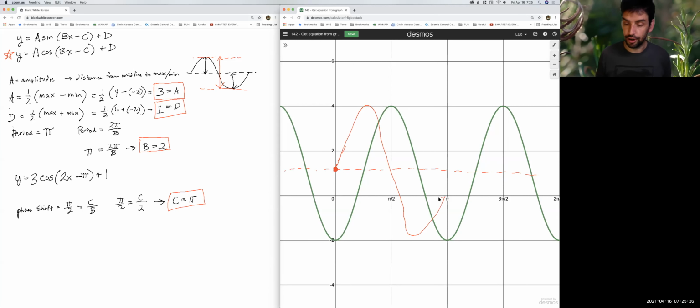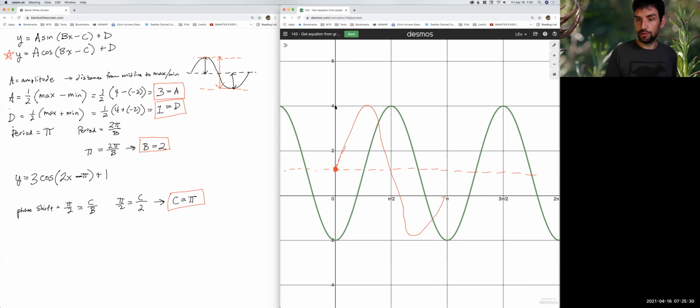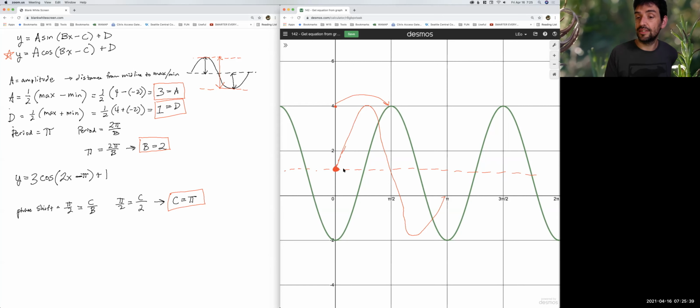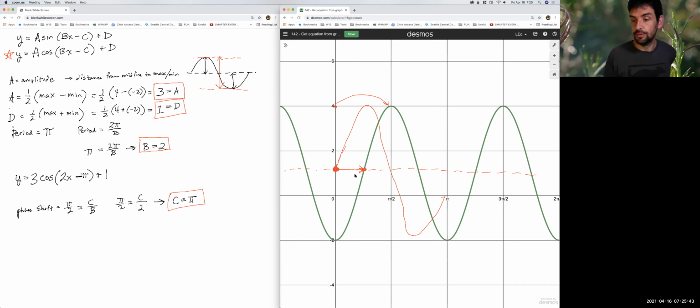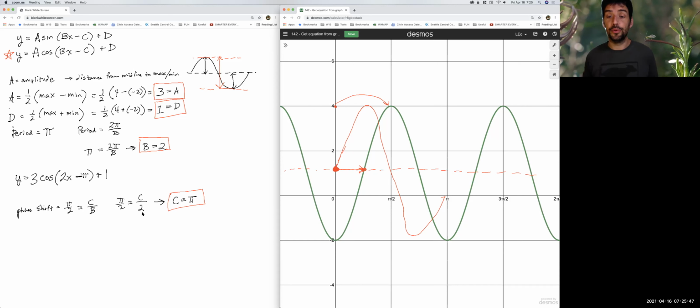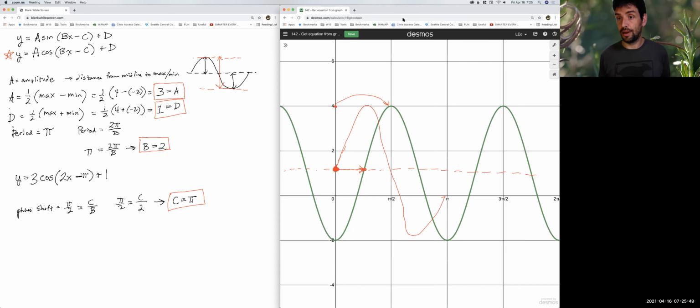All right, not a great drawing, but remember when we were doing cosine, we were thinking at 0, we're starting at the maximum and we need to move all the way over here. But if we're thinking of a sine graph, at 0, it's at its midline, it only needs to move this distance, which turns out to be a distance of pi over 4.